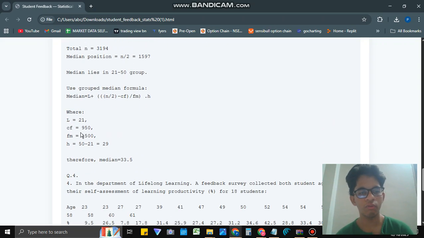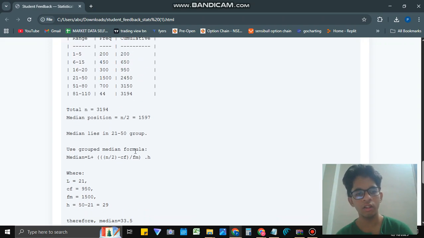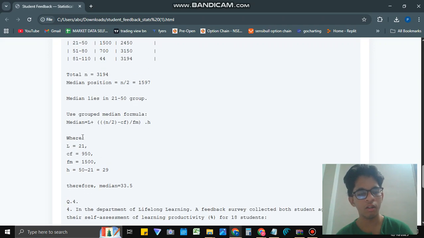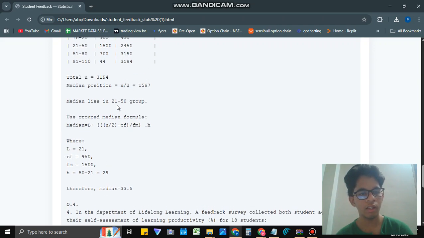So for the grouped median formula, we have L plus n by 2 minus cumulative frequency, divided by the frequency, into h. So here are all the values. L is 21 itself.